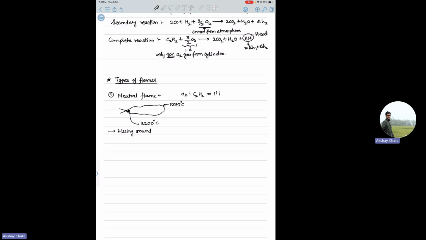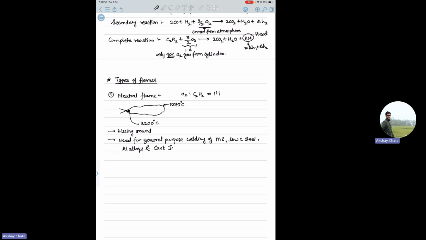It is a general purpose flame used for general purpose welding of mild steel (MS), low carbon steel, then aluminum alloys, and cast iron.